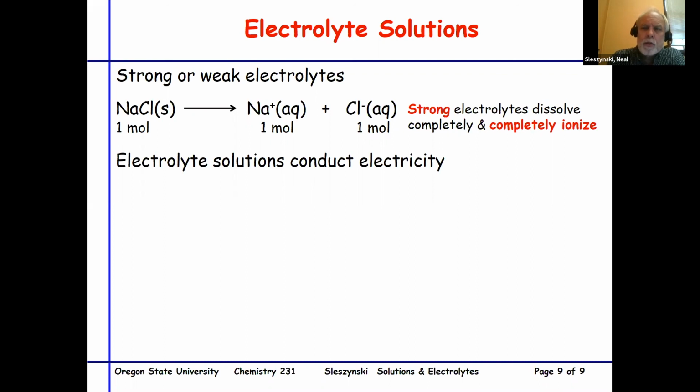Why would we be interested in a solution that would conduct electricity? Well, one of the primary applications would be in batteries, where we have anodes and cathodes that are conducting oxidations and reductions, respectively. And the only thing between those anodes and cathodes is a liquid containing an electrolyte capable of shuttling positive and negative charges back and forth between our anodes and our cathodes.